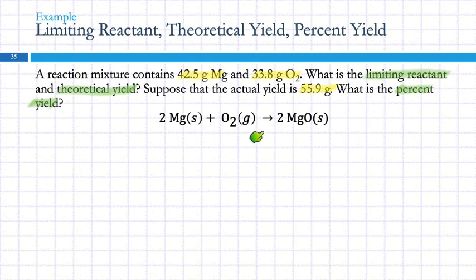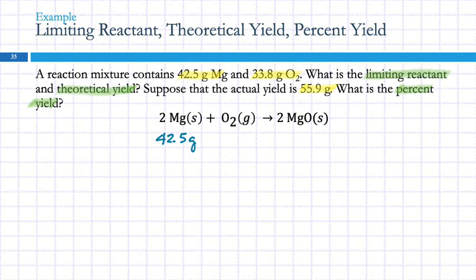Anytime we have stoichiometry, a chemical reaction with quantities, I like to use the chemical equation to organize this information. It gives me a better visual of it. So this much magnesium, I'm going to write the mass of magnesium under it in the equation there.